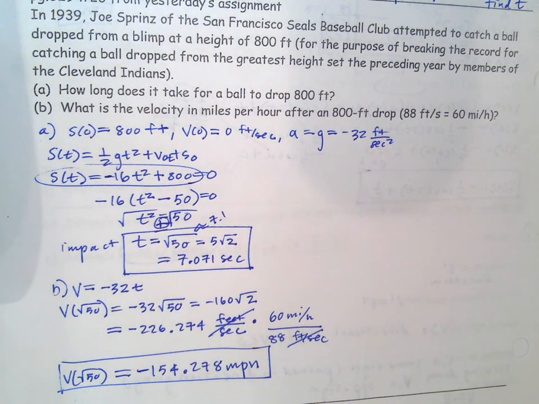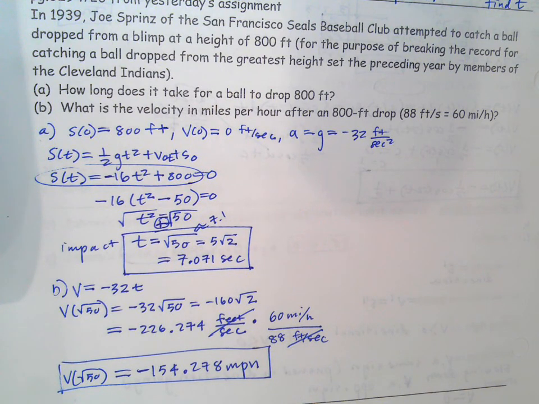Now, what happened? Because this is like a real life story. What happened was Joe did get his ball on the glove. He was looking straight up as it drops down, like trying to catch a fly ball, but it was coming in over 150 miles an hour. And a catcher catching a 100-mile-an-hour fastball is a little different.